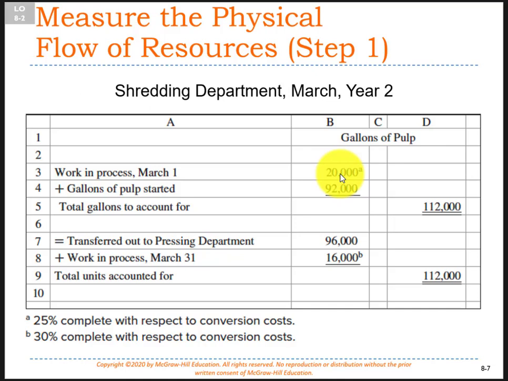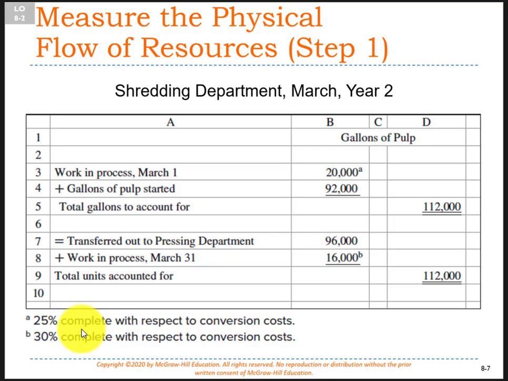They are 25% complete with respect to conversion costs. And conversion costs, remember, are direct labor and overhead. All of the direct materials have been added because that's where you start. You start by putting all the materials into your shredder, but it's not completely done. It takes a while to complete, and there are only 25%. This 20,000 gallons is only 25% complete.